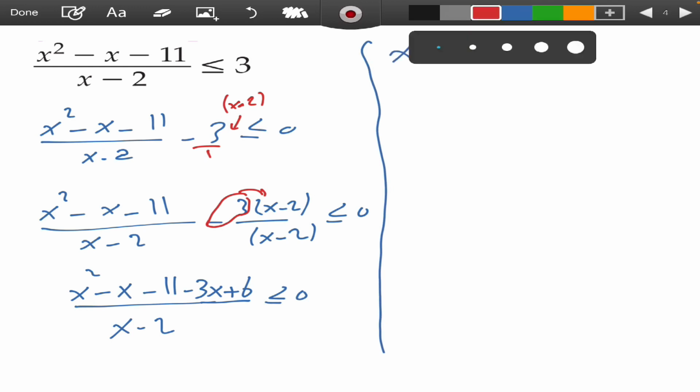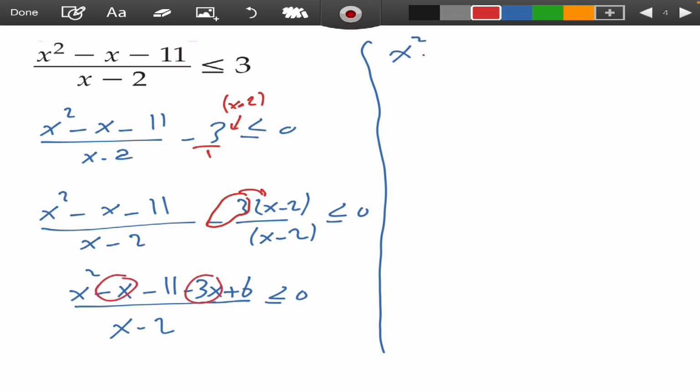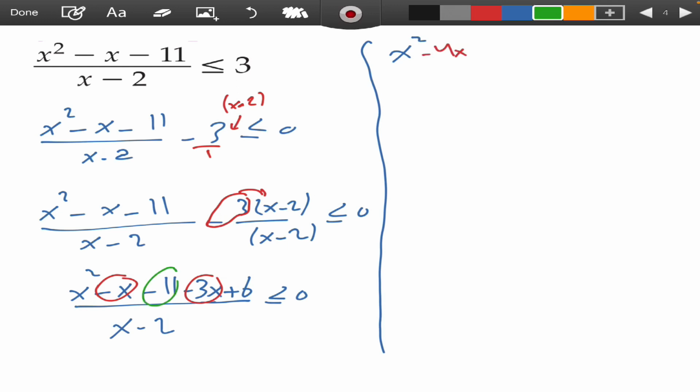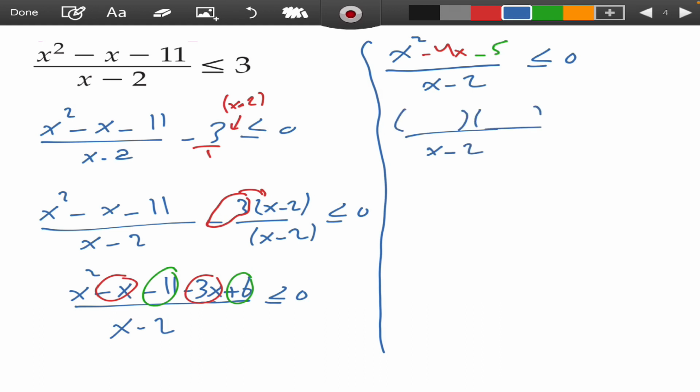Simplify again, x squared minus x and minus 3x is minus 4x, minus 11 and plus 6 is negative 5. Divide by x minus 2 less than or equal to 0. Factoring the numerator, the two numbers are x and x, negative 5 and plus 1.